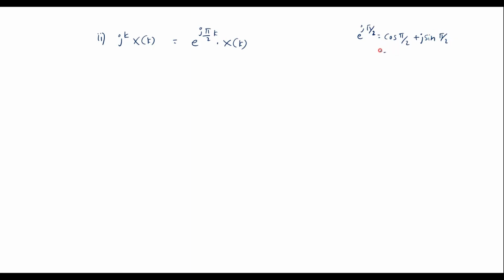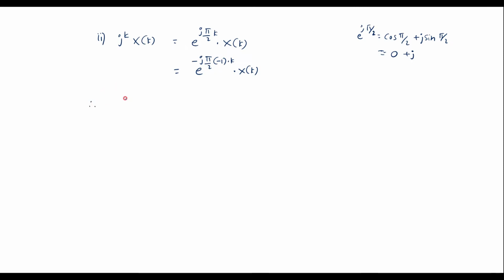So cos pi by 2 is 0 and j sin pi by 2 is 1. Therefore it is j. Therefore e power j pi by 2 is nothing but j. So further I will represent this as e power minus j pi by 2 into minus 1 into k x of k, which is same as this one.